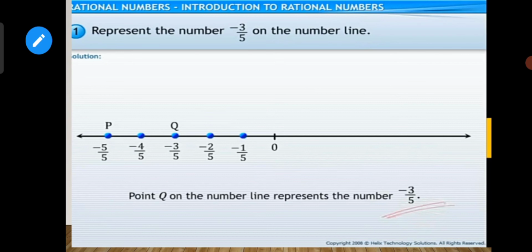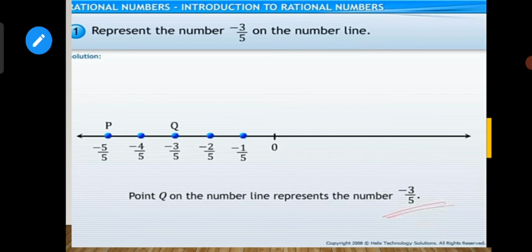Now the third thing that we have to do is see the denominator of the given rational number. The denominator is 5, which means that the working area has to be divided in 5 equal parts. So let's divide it in 5 equal parts. For that we will draw 4 small subdivisions which will divide the area from 0 to minus 1 in 5 equal parts.